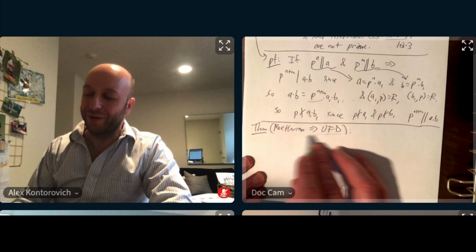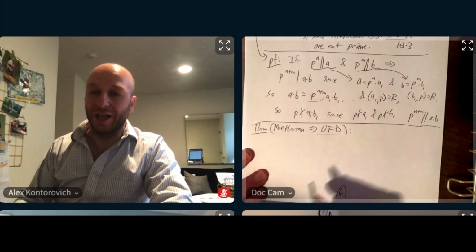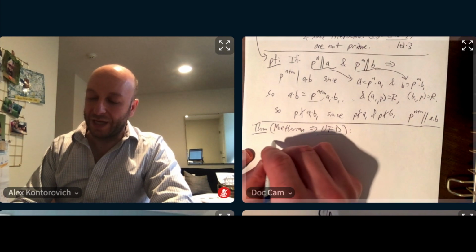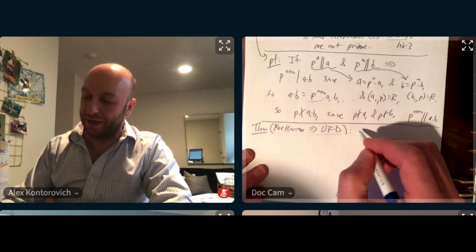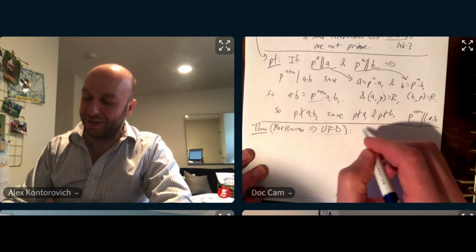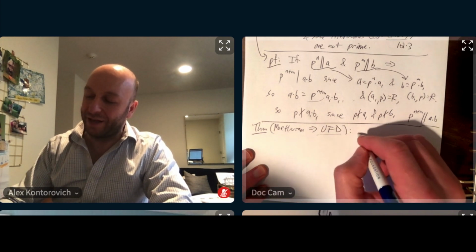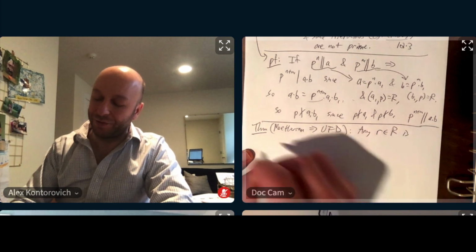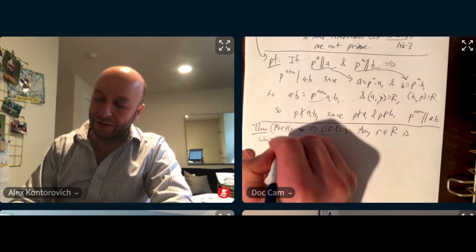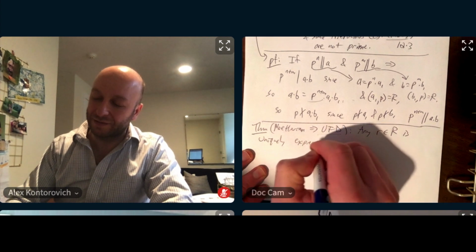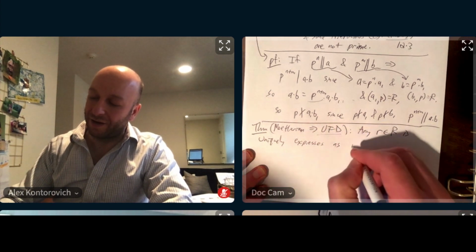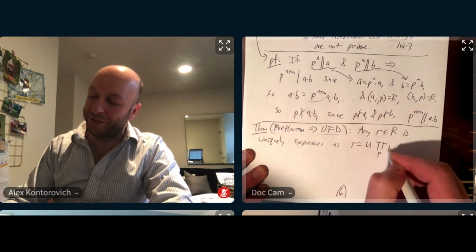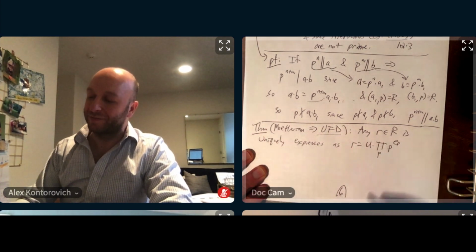Why does Noetherian imply unique factorization? Well, we know that any element is decomposed into irreducibles. Let's state the theorem first. Any r in R is uniquely expressed as r equals some unit times the product over all primes p of p to some power.